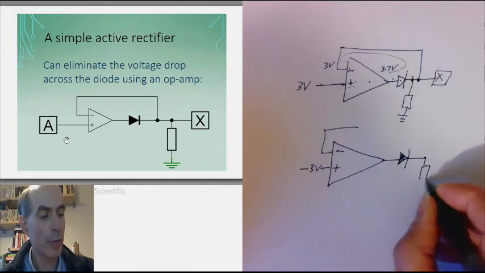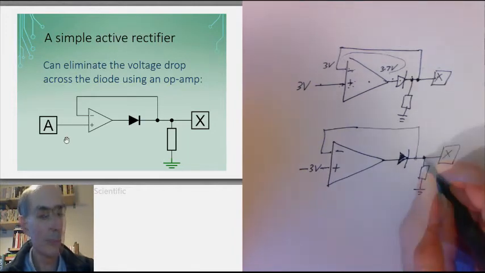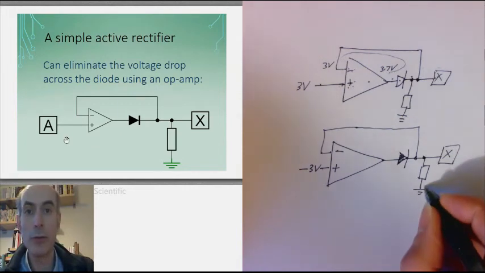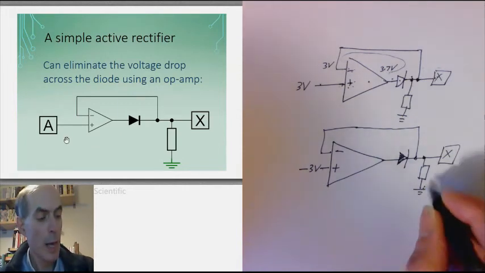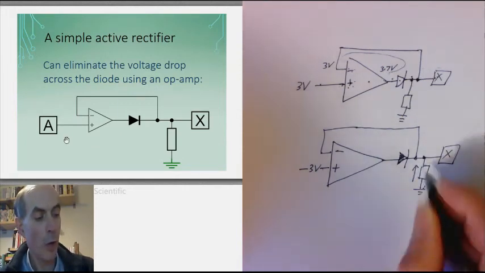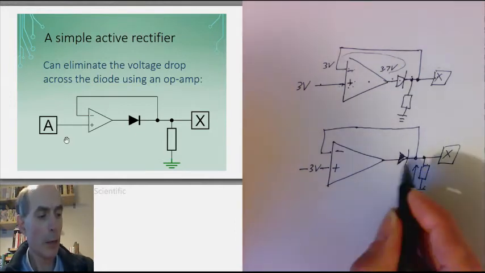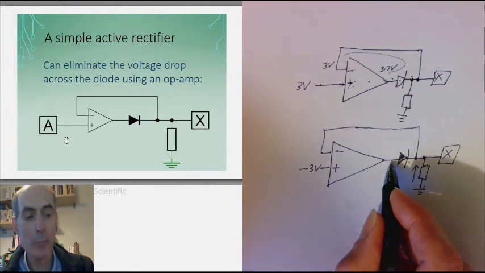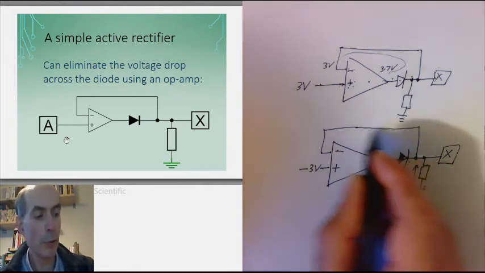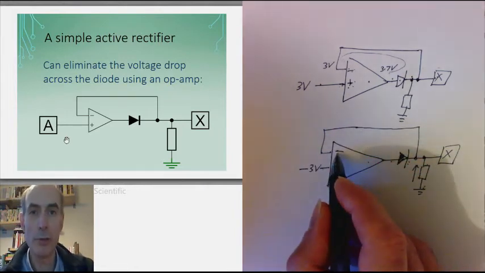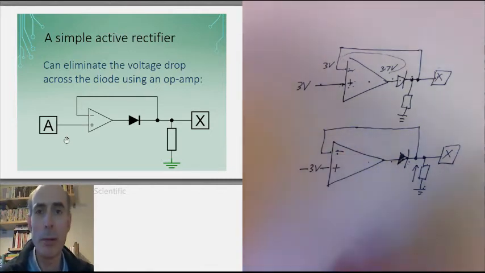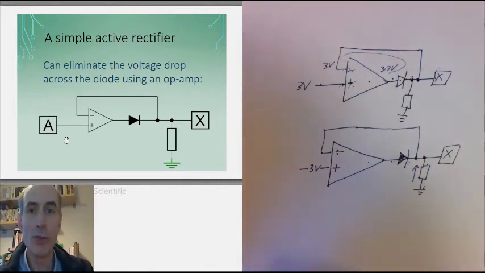We have a resistor here, which has one end tied to ground, but no current can flow up through this resistor because there's nowhere for it to go. It can't flow this way through the diode into the op-amp, and it can't flow round here into the input of the op-amp because an ideal op-amp has no current flowing into its inputs.